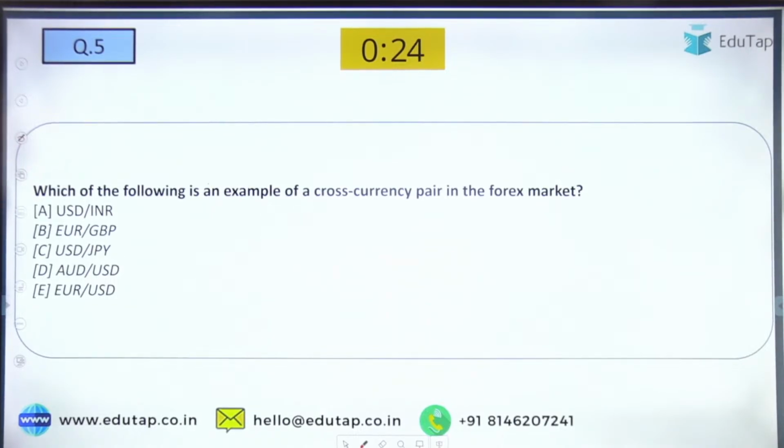So option A, USD INR, option B, EUR GBP, option C, USD JPY, option D, AUD USD, and option E, EUR USD. So mark your answers. What is going to be the answer to this question? Take your time.